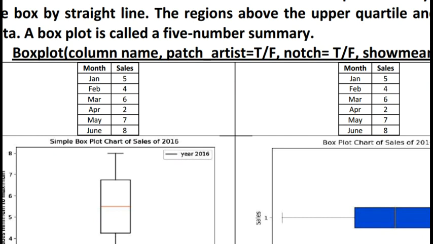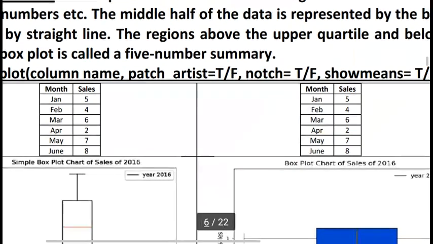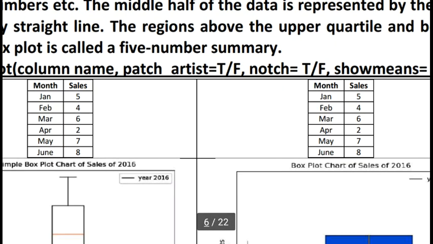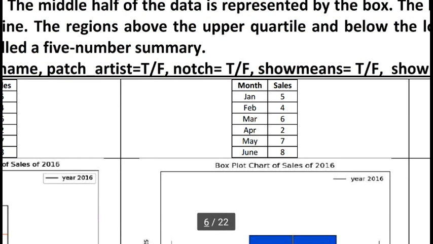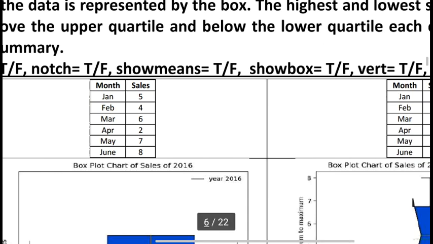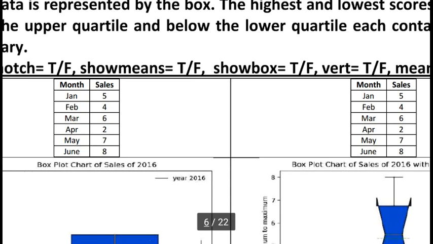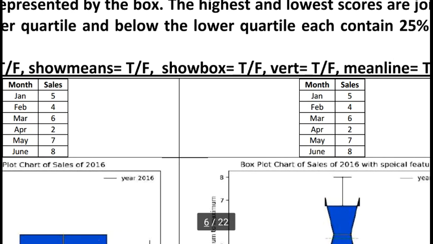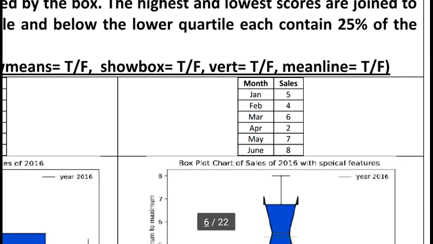We can use patch_artist equal to true or false, notch equal to true or false, showmeans true or false, showbox true or false, vert true or false, and meanline true or false.